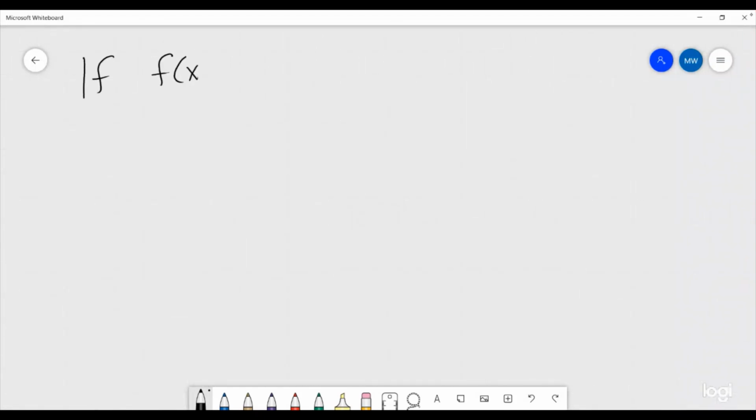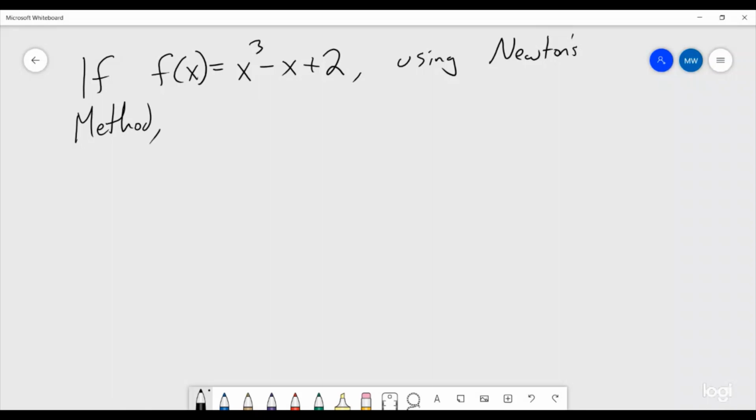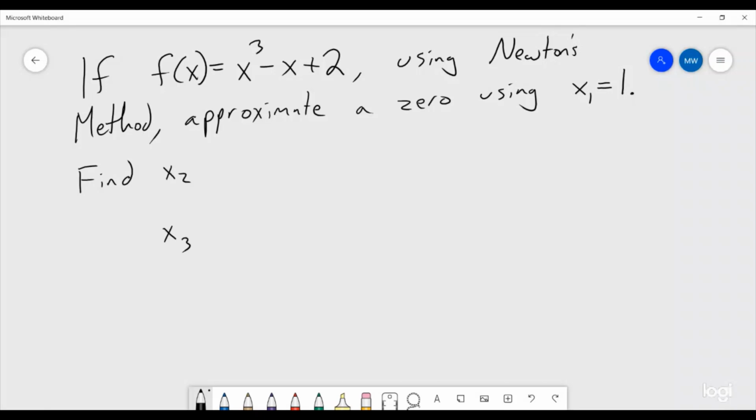If f of x is equal to x cubed minus x plus 2, using Newton's method, approximate a 0 using x1 equaling 1. So in other words, it's asking you to find x2, x3, and x4.